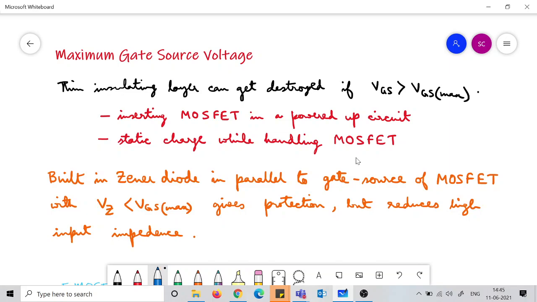You know that the ground wire of any apparatus is connected to the body of that apparatus. So you can touch the body of the apparatus to discharge any static charge on your body. Only after that should you touch a MOSFET, and you should be very careful that you are not inserting a MOSFET in a powered up circuit.